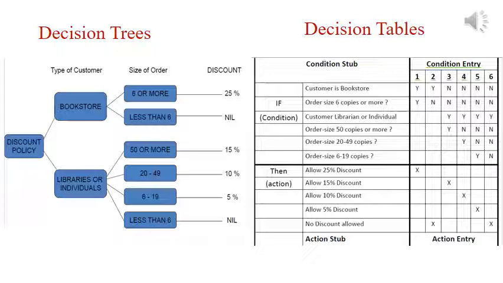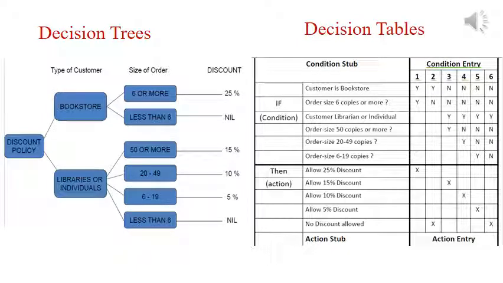Condition entries mean either yes or no, that the condition is satisfied or not satisfied. On the basis of these condition entries and condition stubs, we also take the actions. Actions are 25% discount, 15% discount, 10%, 5%, and no discount. So these are the actions to be performed. One by one we check these conditions. If the customer is a bookstore, then we go for the first leg, and then we check whether it is 6 or more or less than 6.